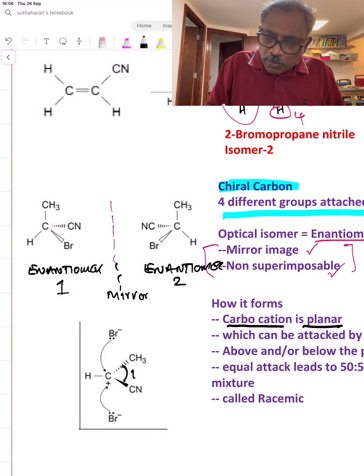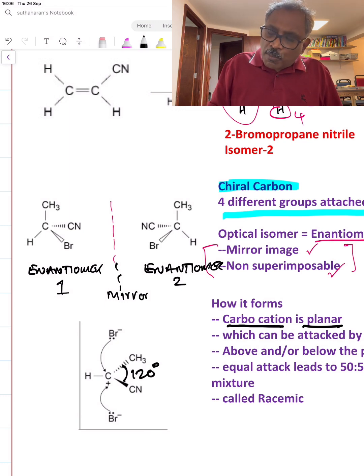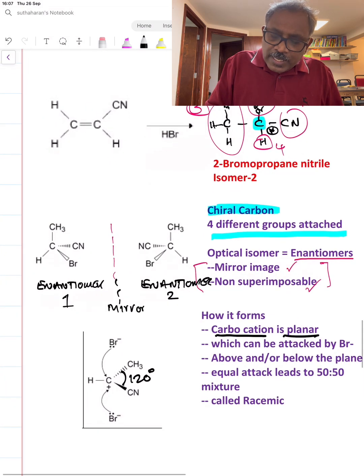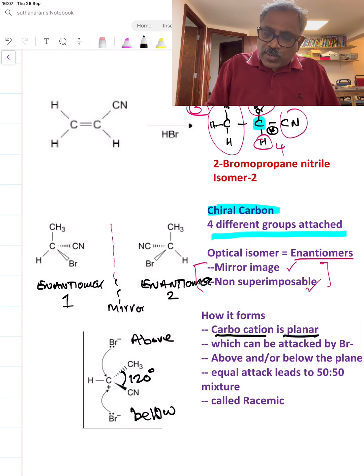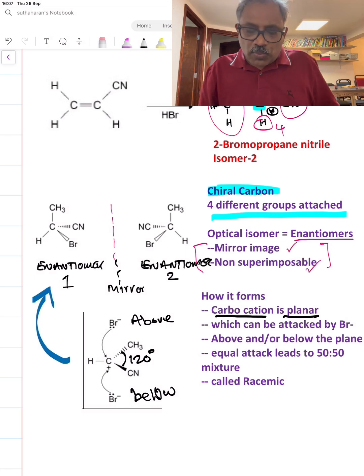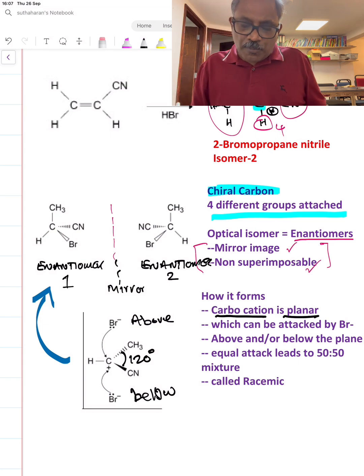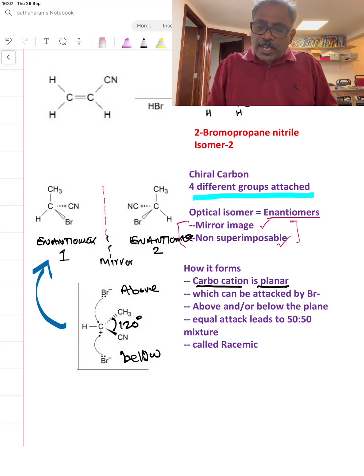Planar molecule means all the atoms are in the same plane. The bromide ion can attack above or below the plane, which leads to 2 different isomers, which are enantiomer 1 and enantiomer 2. That's how optical isomers or enantiomers form.